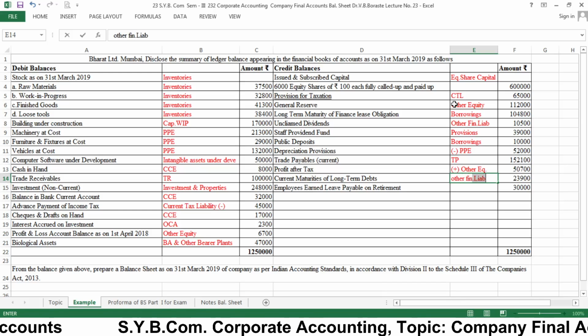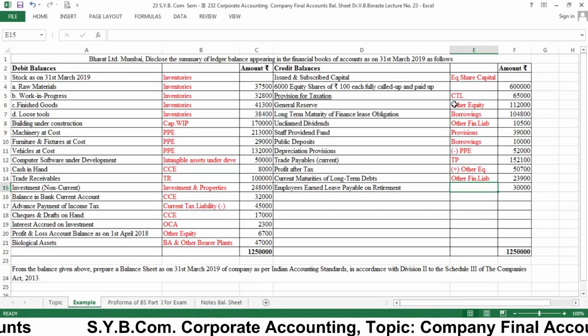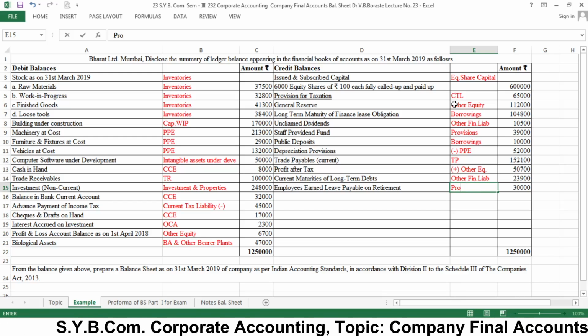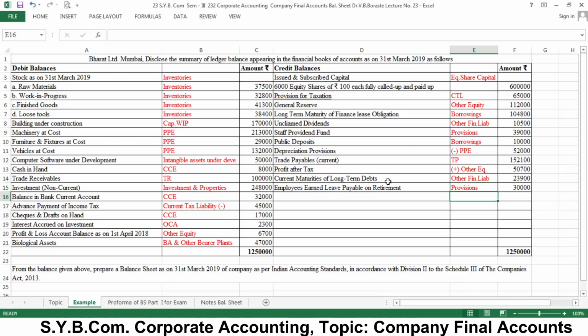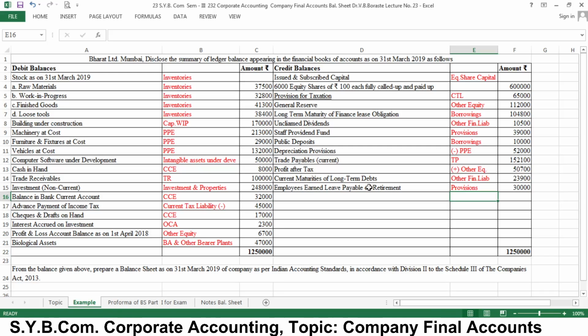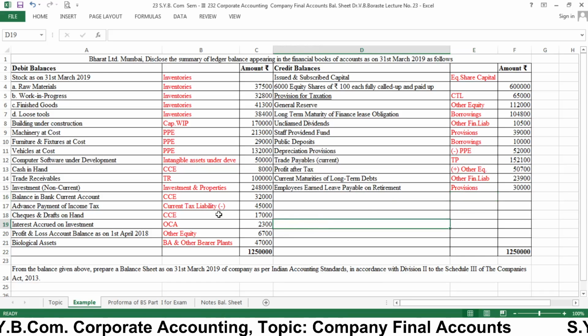Then the last one is employee earned leave payable on retirement. This is the provision. So in this way, we have to find out which item will be posted in which note. So let us start this solution.